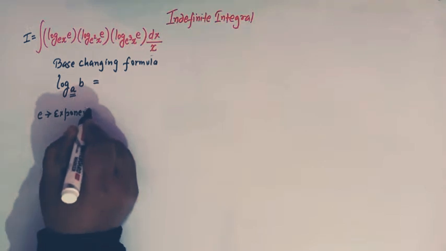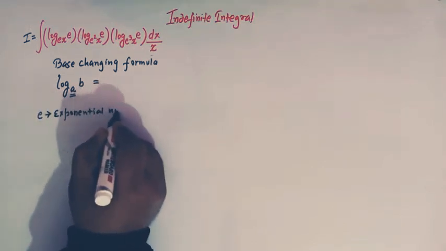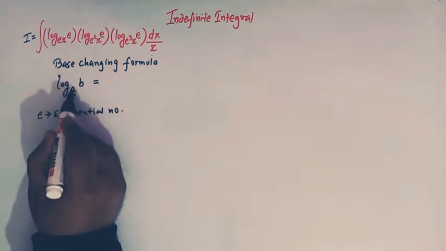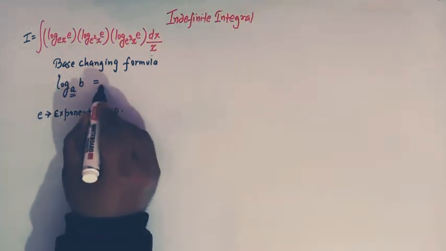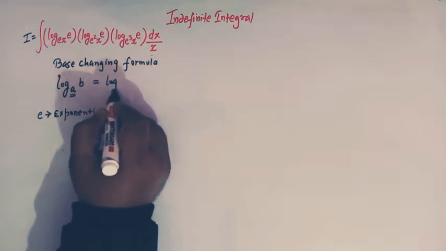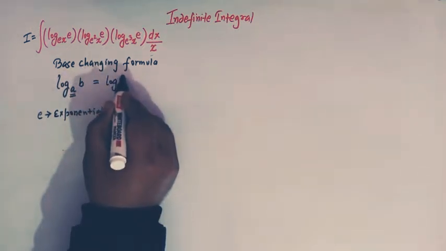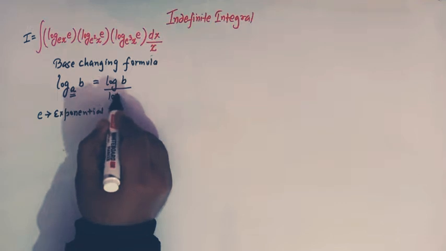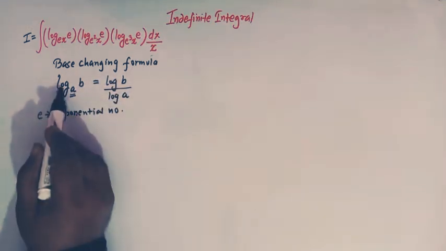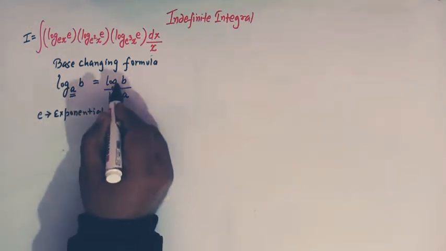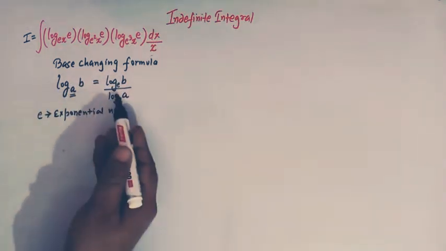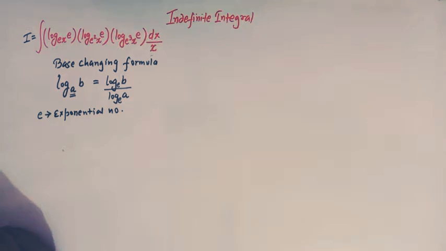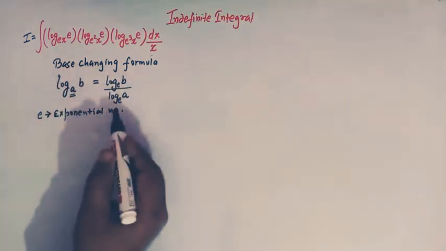So now here what we will do, we'll change this base a to e, right? So for this we'll write log b over log a, right? Log b over log a, and here we'll put the base e, right? So this is how we can frame the base changing formula. So I am once again repeating.